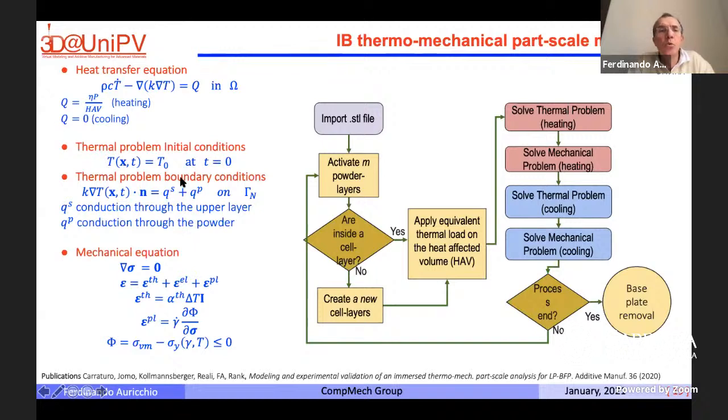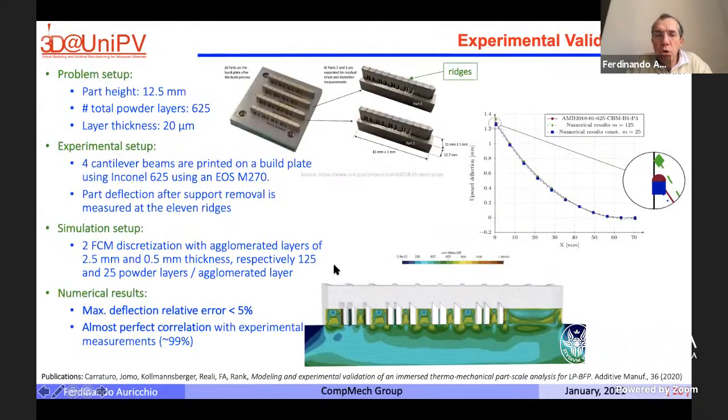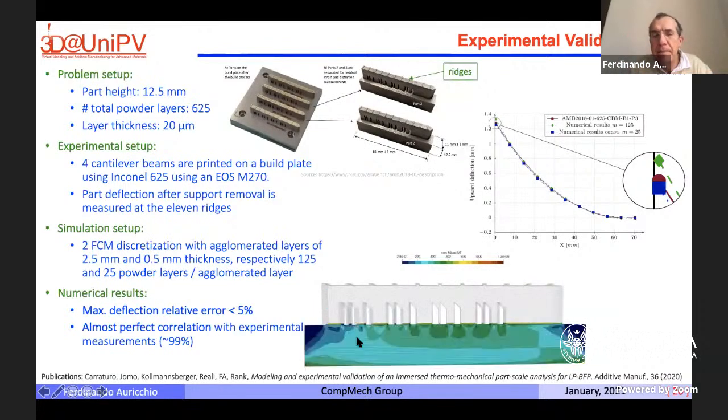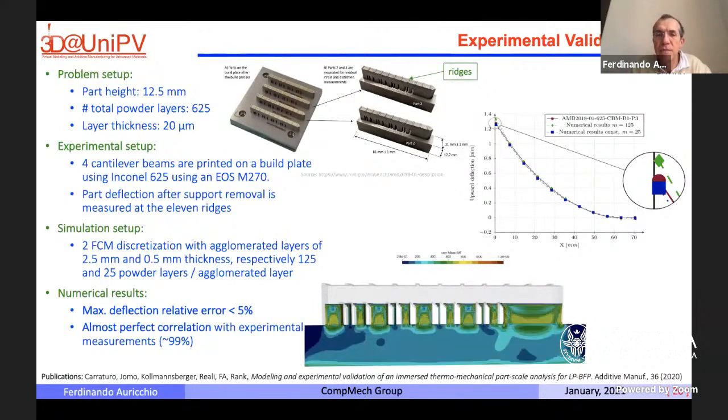And again, here we have a very simple heat model with a mechanical model, and the two models are coupled. Using these, we can do simulations like this one, where you see the colors growing up because we model the activation of single layers.